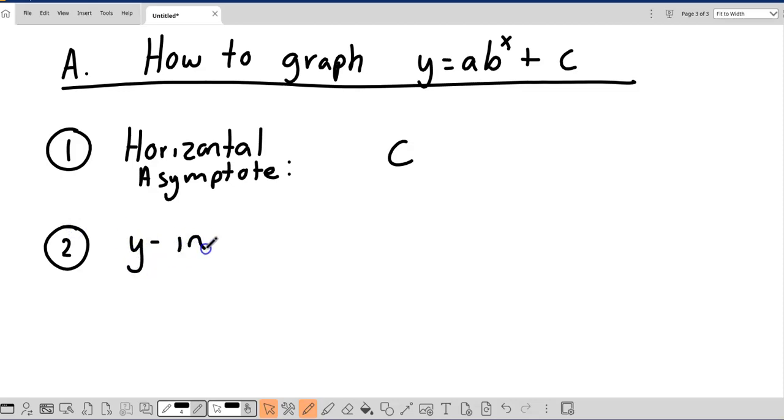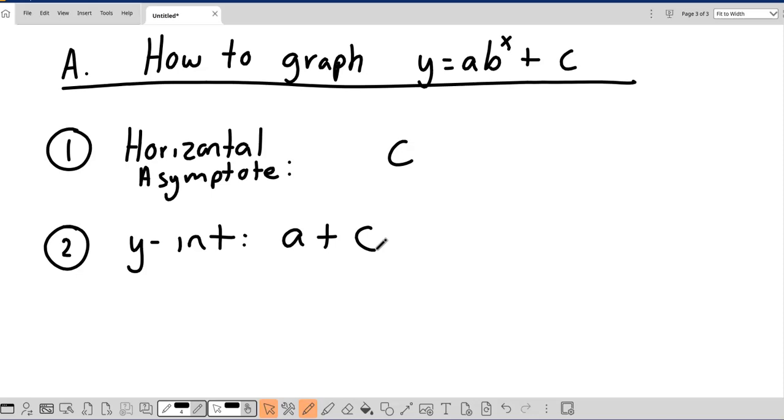My y-intercept used to just be the a value, but with the c, now it's going to be a plus c. That was the original one, and then it gets moved up or down that much. So my horizontal asymptote is going to be at c. My y-intercept is going to be at a plus c.